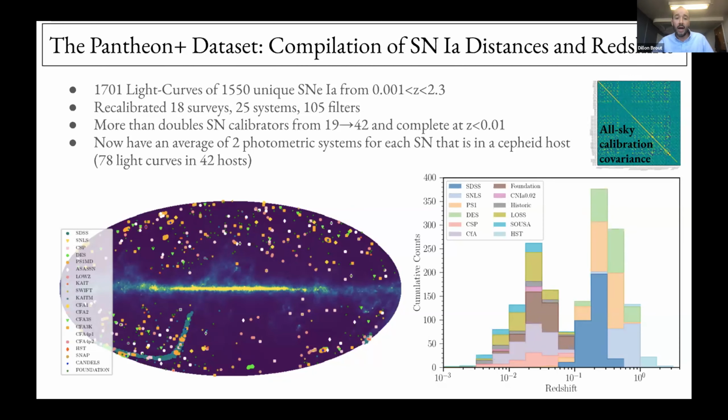And as I mentioned, we now have an average of 2 different photometric systems or telescopes for each supernova that is in a Cepheid host. So we have roughly 78 light curves in 42 hosts. Again, really good for beating down systematic uncertainties due to calibration.